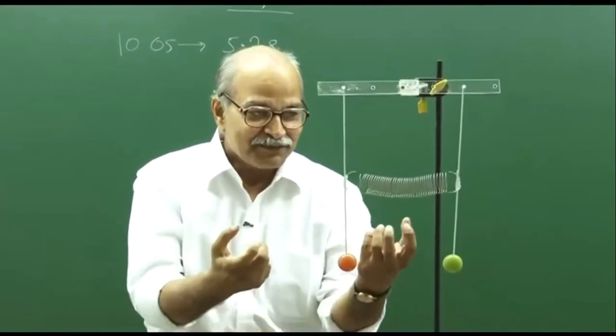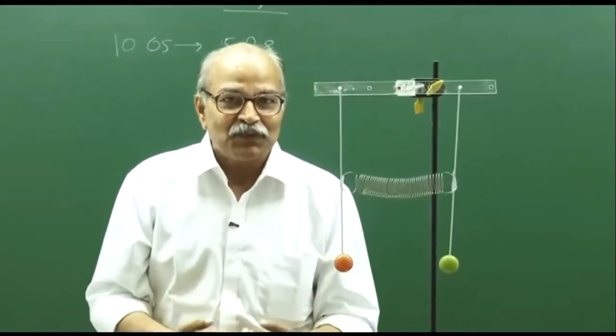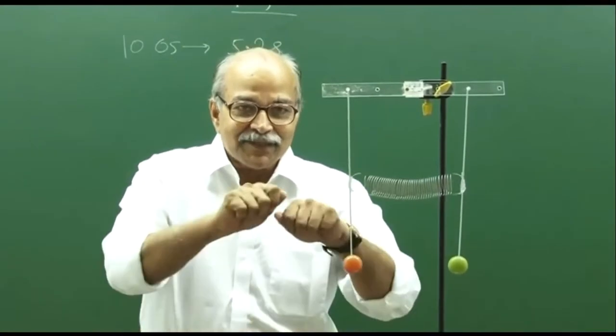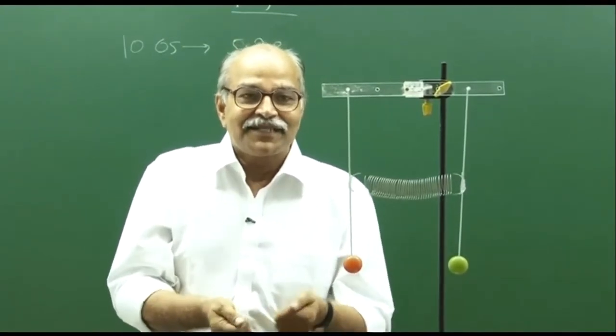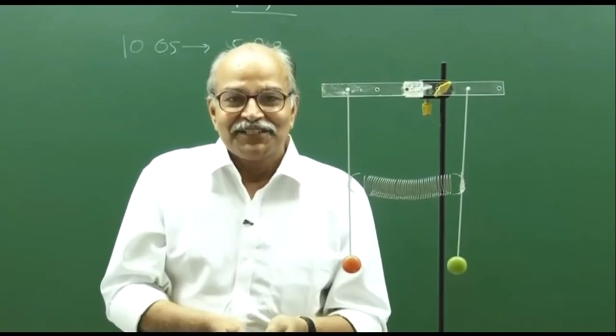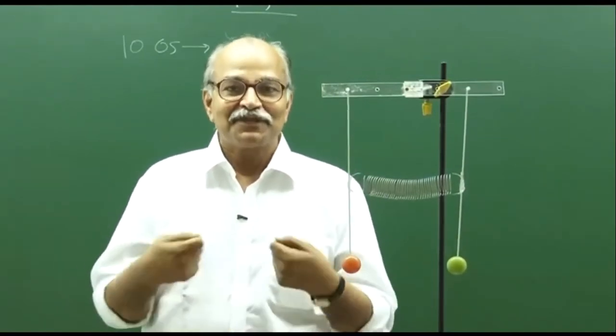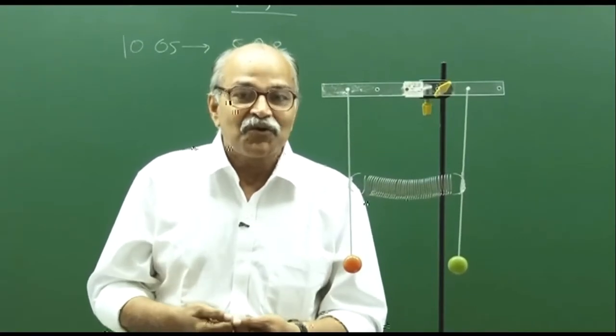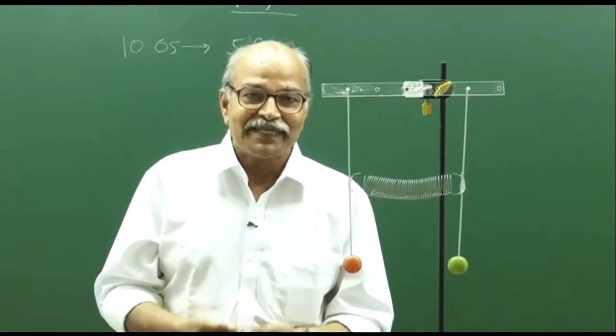When more than one vibrating object is connected to each other, interacts with each other, and can exert force on each other, you can have more than one natural frequency and more than one time period, depending on how you vibrate it.